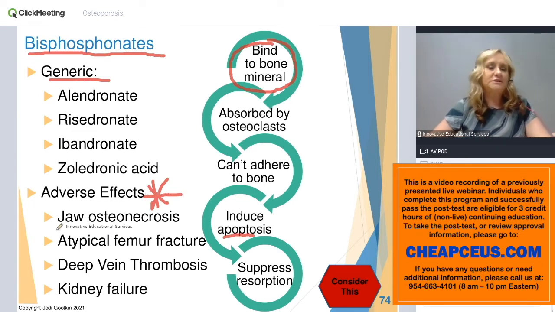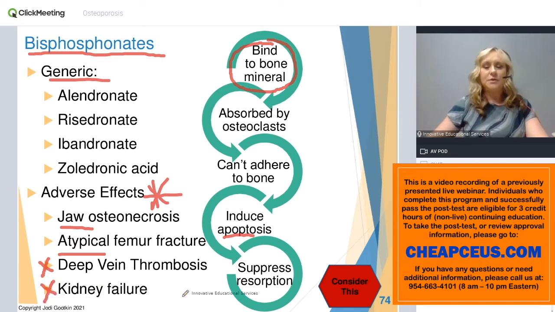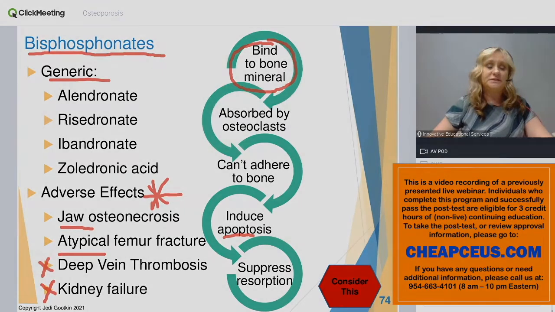The specific ones that we're going to look at are jaw necrosis and atypical femur fracture. We're all familiar with how to monitor patients for DVT, as well as they should be undergoing screening for their kidney functioning if they're taking these medications.